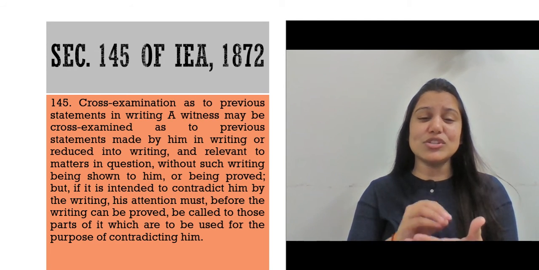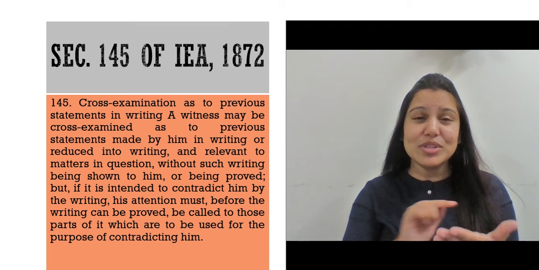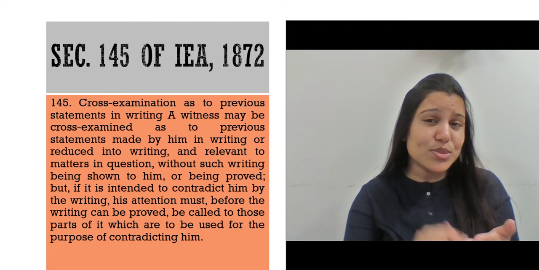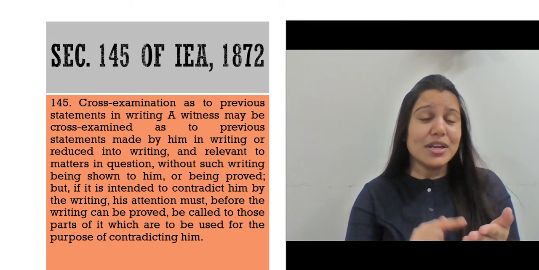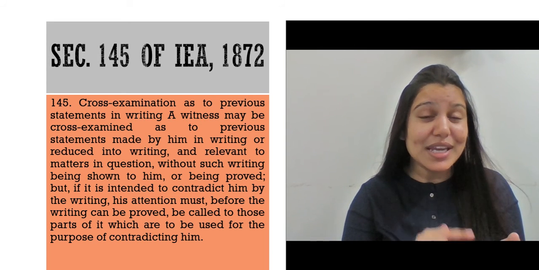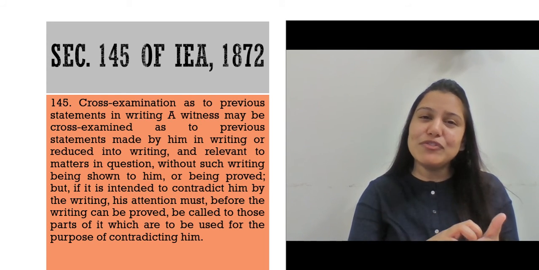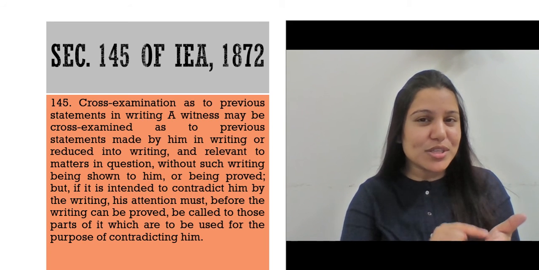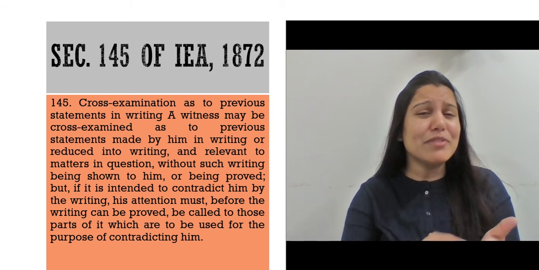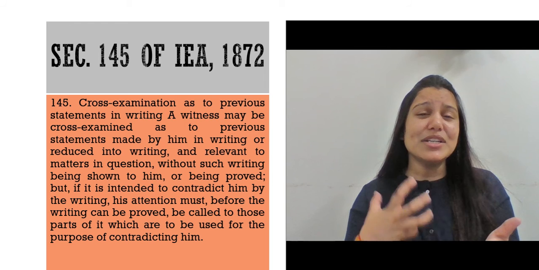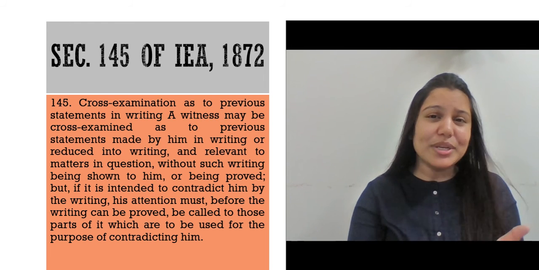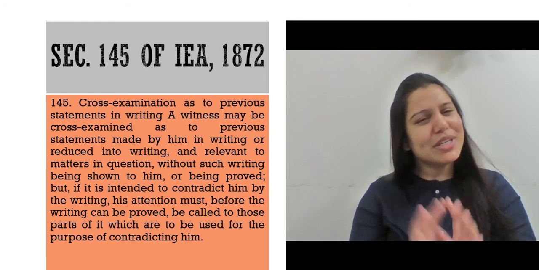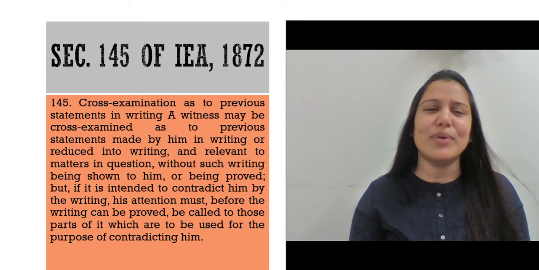But if it is of such a specific nature, that they are telling me line by line that you have written this in this very line, then they'll have to show me the writing, because they are being very specific. My attention is to be brought to that very line in order to cross-examine me. Is that very clear? I'm taking general examples in order to make you understand.